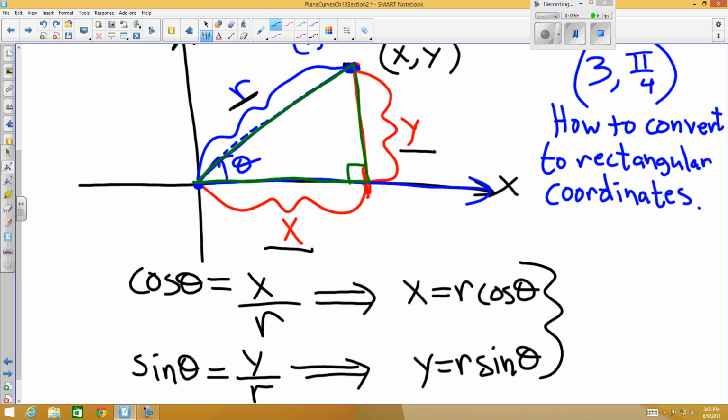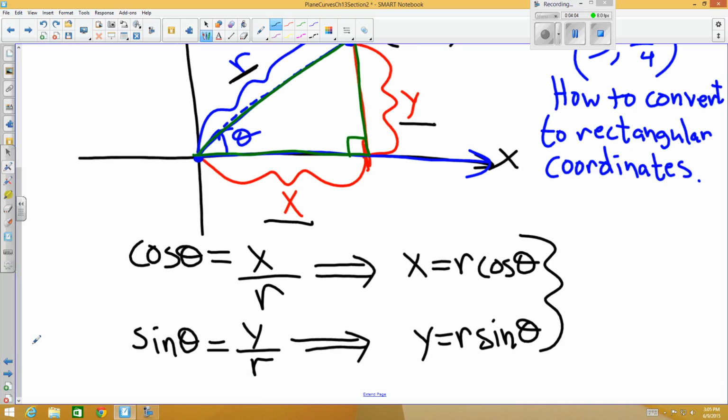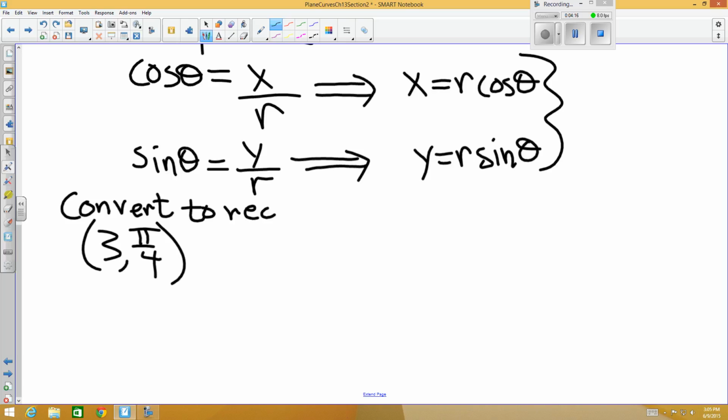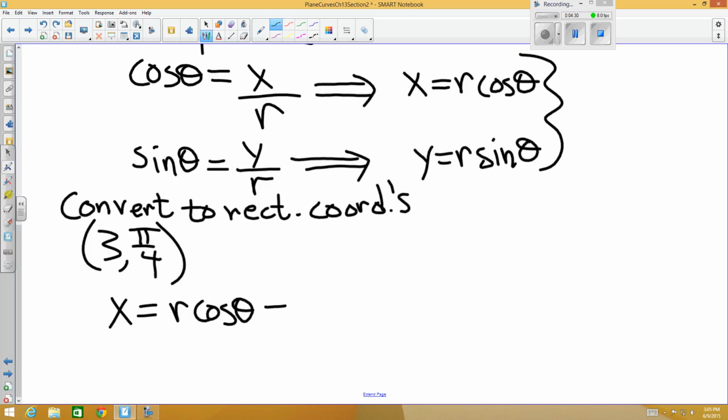So for our point 3 comma pi over 4, convert 3 comma pi over 4 to rectangular coordinates. x is going to be equal to r cosine of theta. r is, in this case, 3.